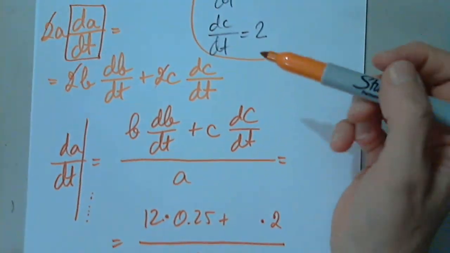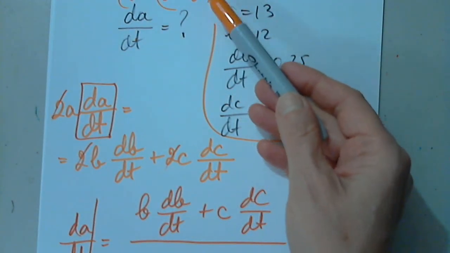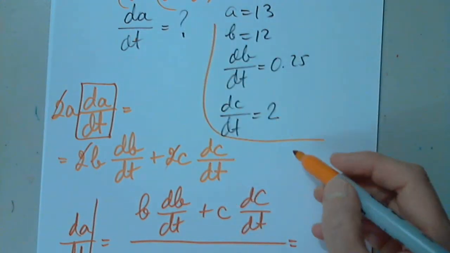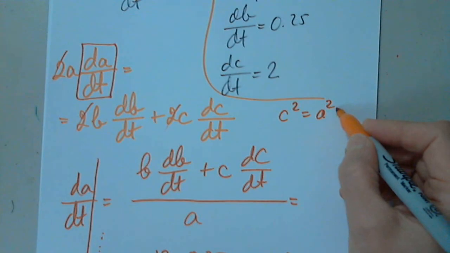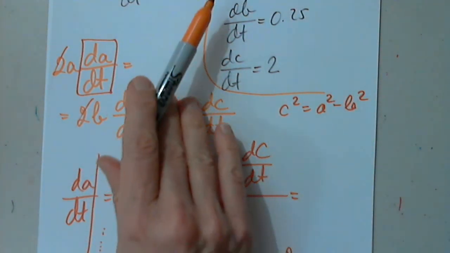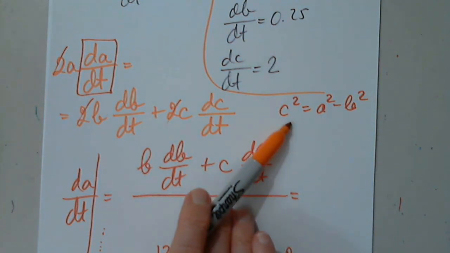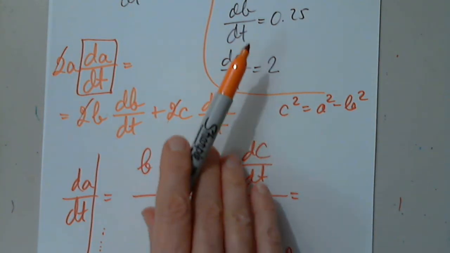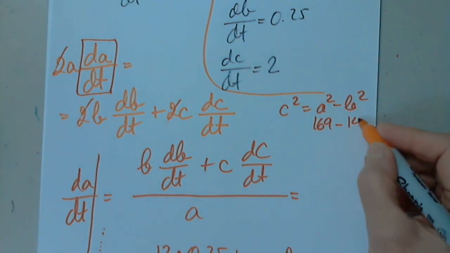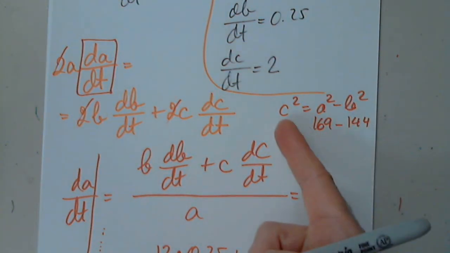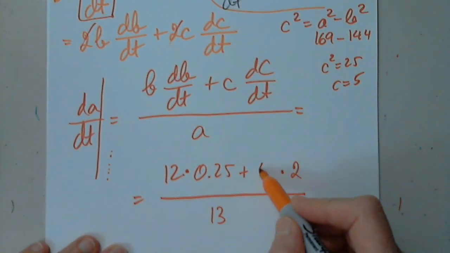In order to determine c, I have to solve for c. So c squared equals a squared minus b squared. So 13 squared minus 12 squared will be our c squared. So 169 minus 144, and that is 25. So then c squared equals 25, or c equals 5.